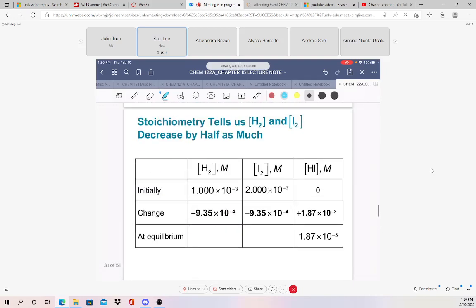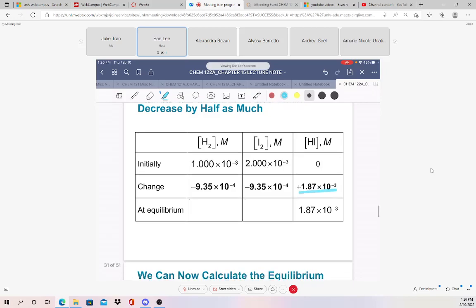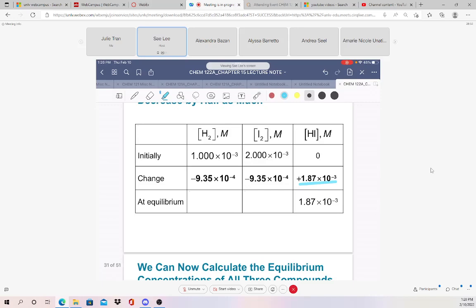So since we know the change in concentration of the product, we can use this information to calculate the change of the two reactants. So how do we get these two values?